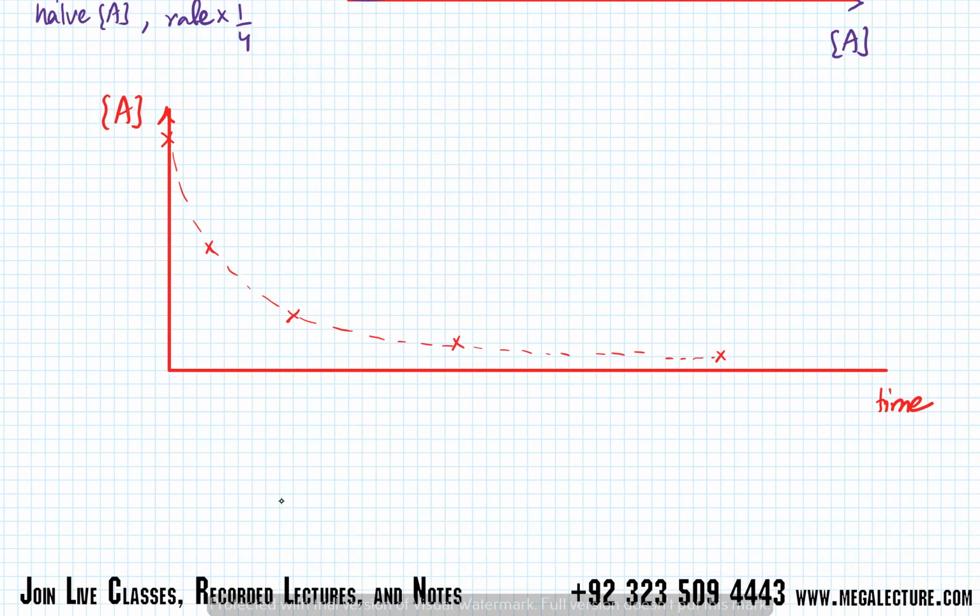Okay, so I'm just going to mark the half-lives. Remember, this is a rough plot, so every time the time required is just doubling. So the third half-life, this is the fourth half-life. So each successive half-life is double the previous half-life.